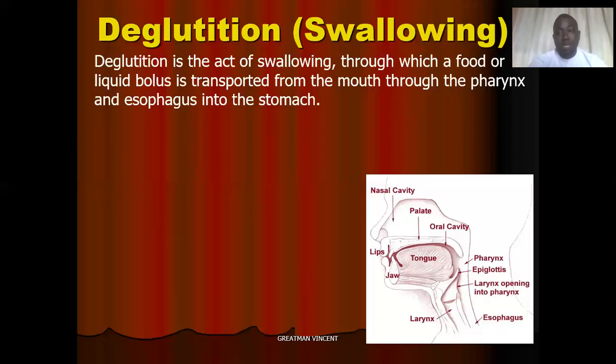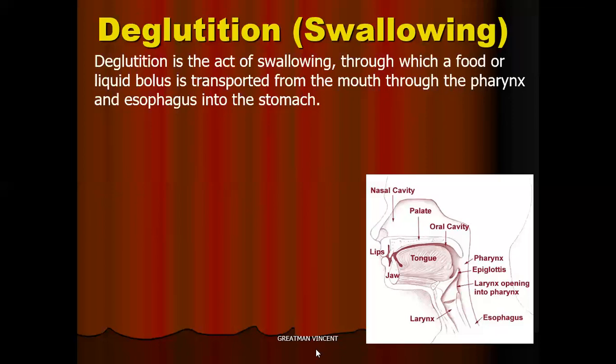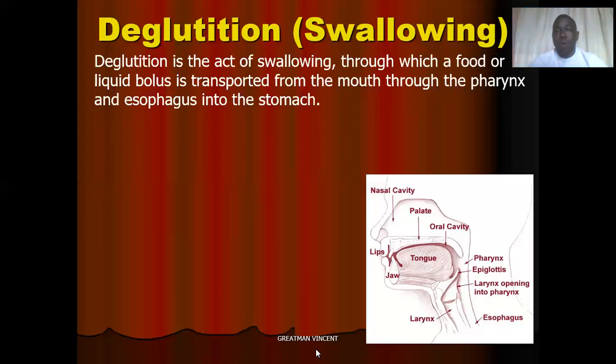There are other pathways that food can mistakenly enter into, and we would take time and look at all these other pathways. For instance, food is likely to take the pathway of the nasal cavity if care is not taken, and food is also likely to take the pathway of the trachea or the windpipe if care is not taken. So when we get there, we're going to look at how the body is structured reflex-wise in such a way that food will not take any of these pathways, but the desired one, which is the esophagus.